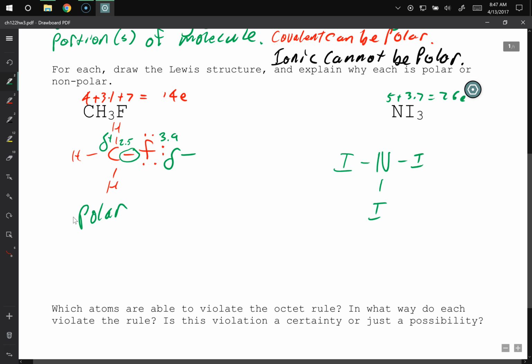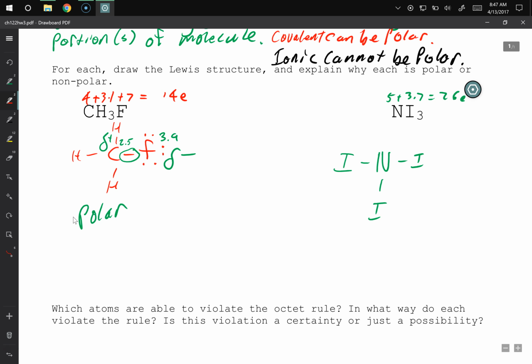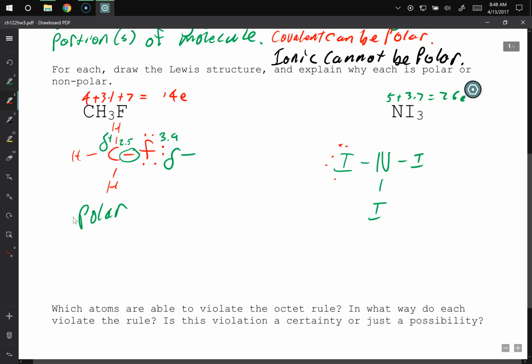Is anybody happy? Nobody's happy. Okay, that's fine. We've used 6. I have 20 electrons left to make people happy. So what do you want to do? Sure. 6, 12.